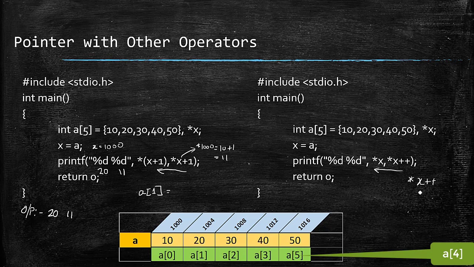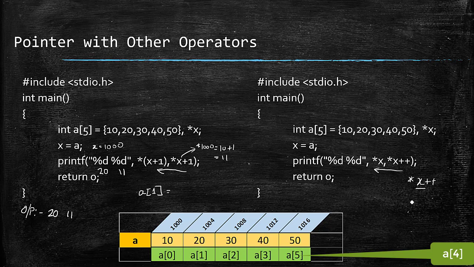So the ++ post-increment operator will act first on the operand x. What will happen over here? By the post-increment nature, it will first use the value of x, then it will be incremented.